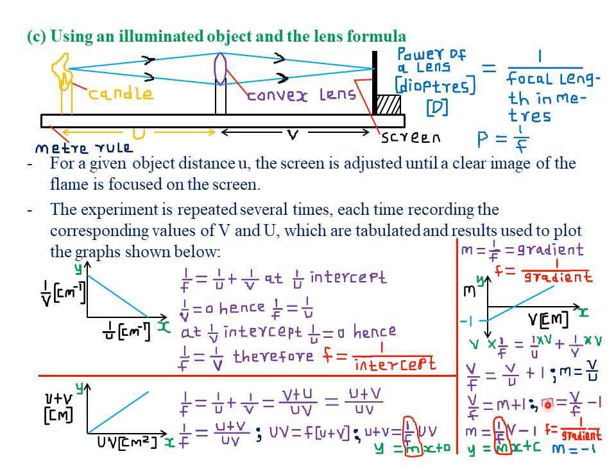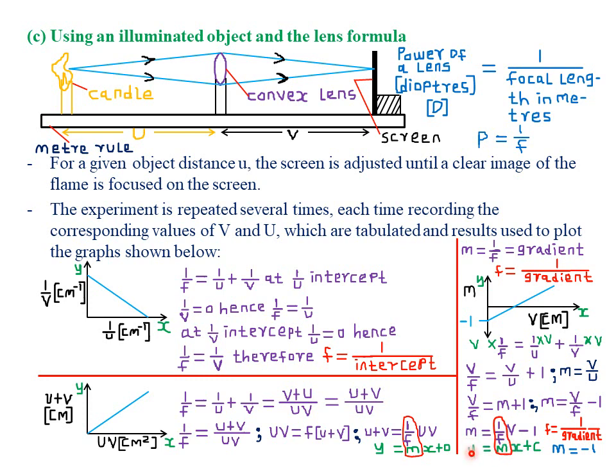So I'll end up with magnification m being equal to v over f minus 1. So I can break this down. It's just the same as saying 1 over f multiplied by v. So magnification is equal to 1 over f multiplied by v, then of course minus 1. So I'm breaking it down so that it exactly rhymes with y is equal to mx plus c.